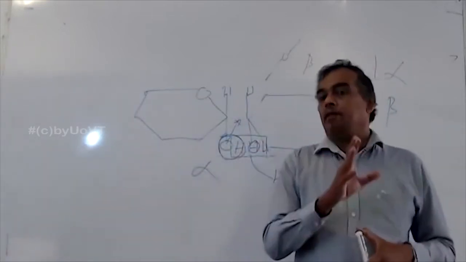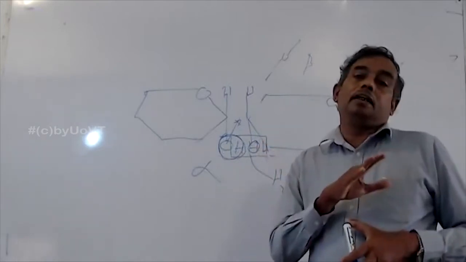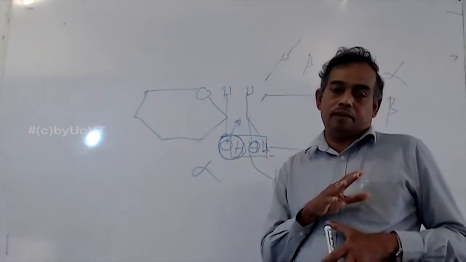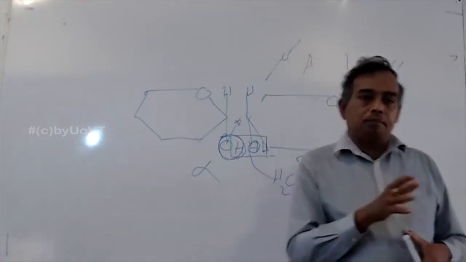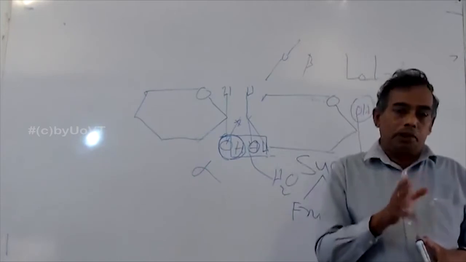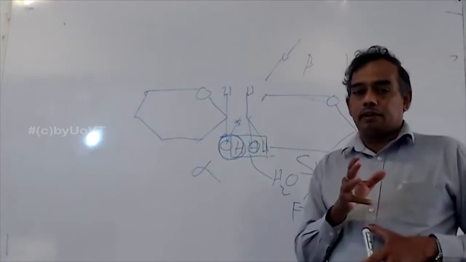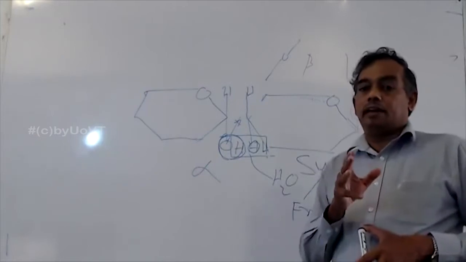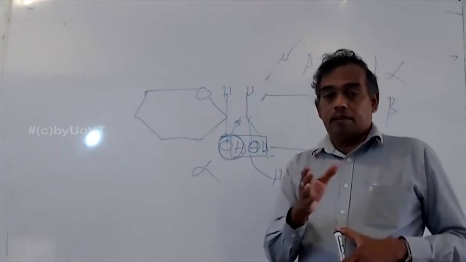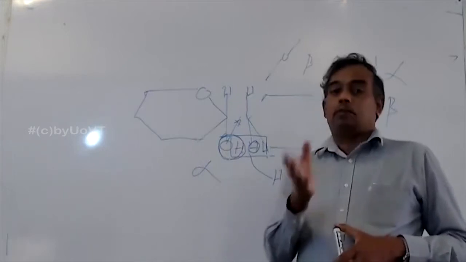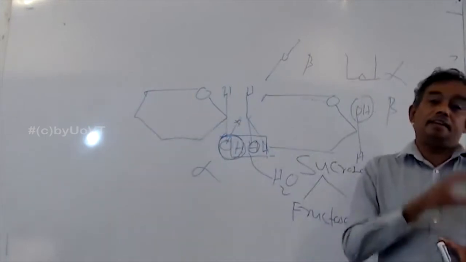But one molecule is an aldehyde sugar, and the other is a keto sugar. Therefore, if you think about the position of the carbonyl carbon, in glucose it is at the terminal position as an aldehyde. But in fructose, it is not like that. It is in the middle position.